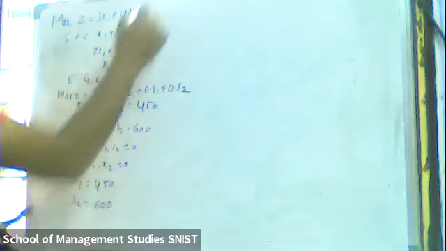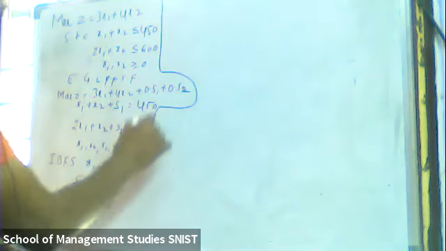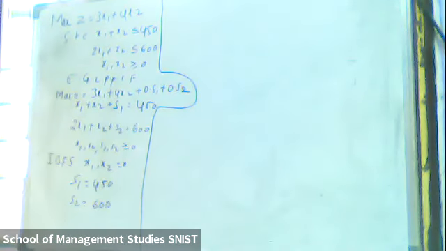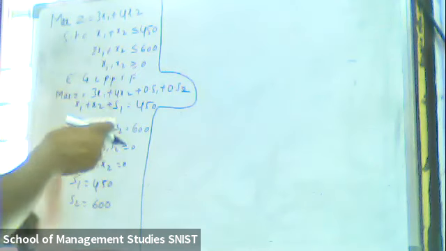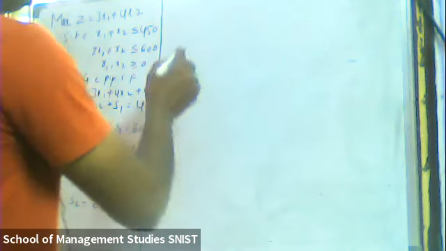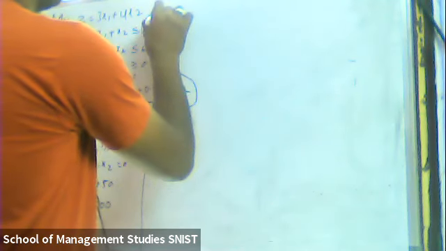What about s2? 600. Do you have any questions as of now? No, sir. Right. Now see, I am drawing the initial simplex table here.